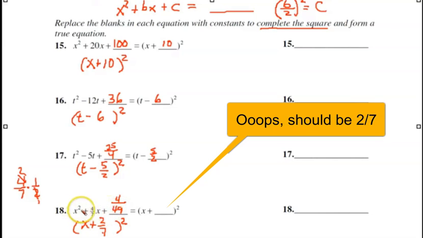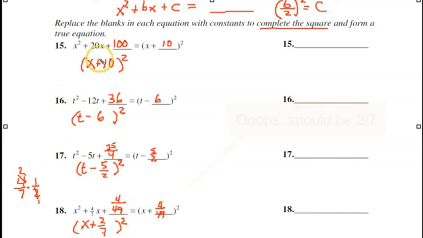And if we factor that, we get this, which is what we have to put over here. 4 49ths. Now, what are we doing here? Filling in this blank, we're doing a process called completing the square. We have made these now perfect square trinomials that will factor into their binomial squared.